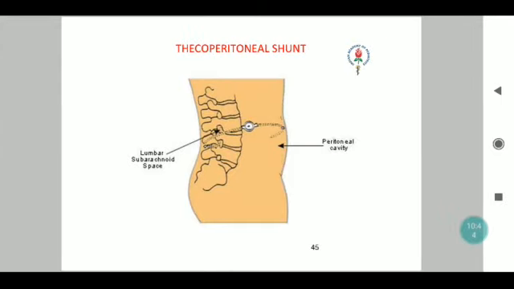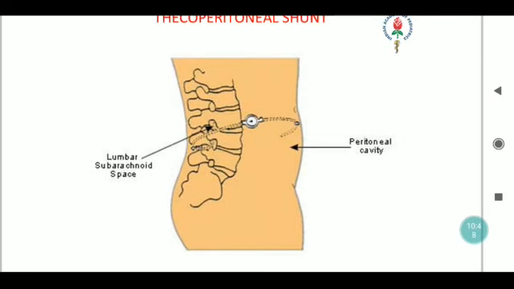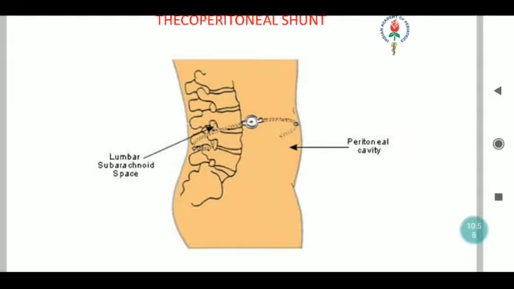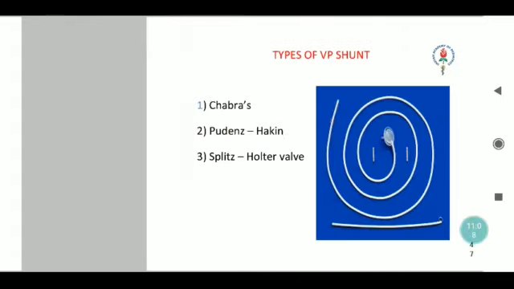If you consider the thecoperitoneal shunt, an abnormal connection is made between the subarachnoid space and the peritoneal cavity by placing a catheter. Of course, this is done for a communicating variety where the fluid does come all the way down through the thecal spaces. And post-shunt, often there is a need for repeated surgery, or surgical corrections are rare, but in some cases it is indicated.